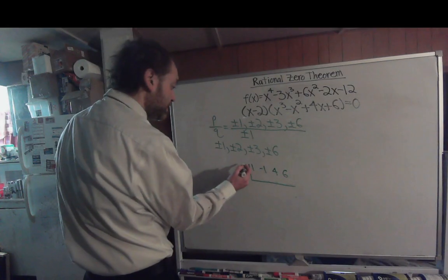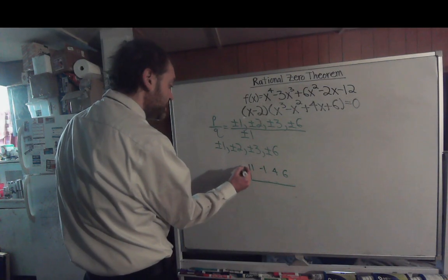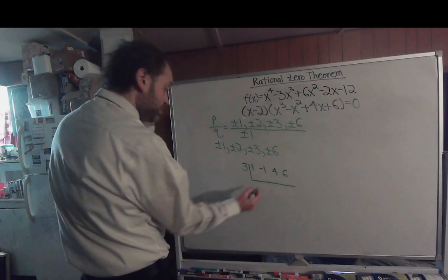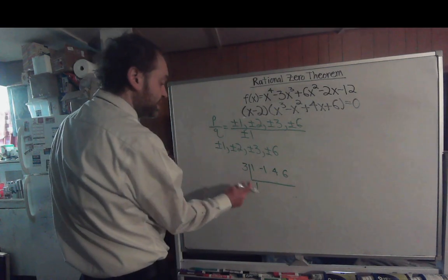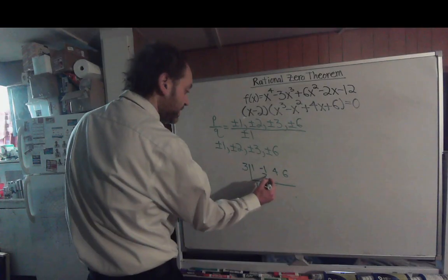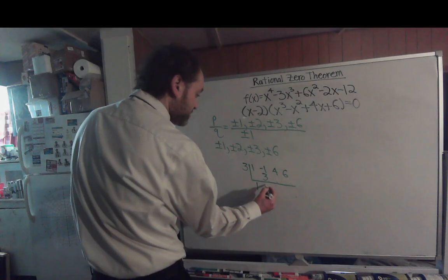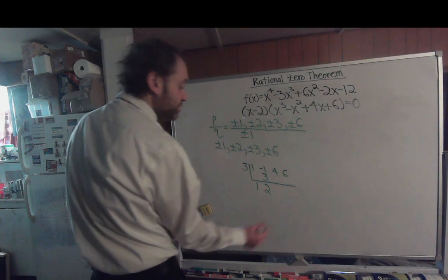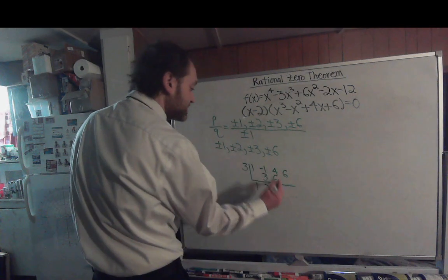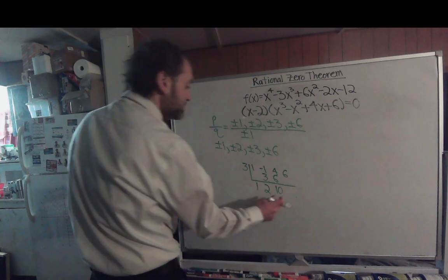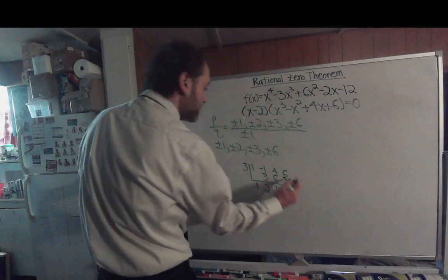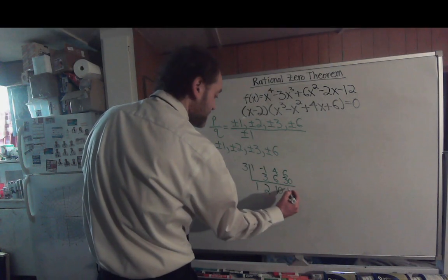All right, let's try 3. Bring down your 1. What is 3 times 1? That's 3. Negative 1 plus 3. That's going to be 2. 3 times 2 is 6. 4 plus 6 is 10. 3 times 10 is 30. So 30 plus 6 is 36.